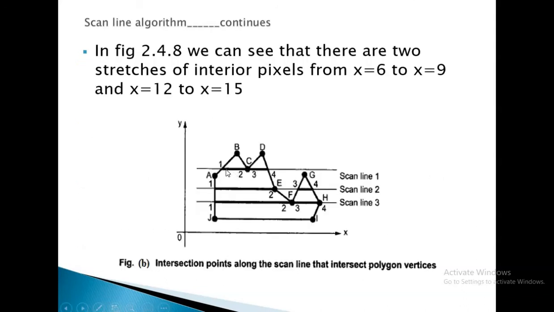Suppose this is a scanline and this is the vertex. If the two edges at this vertex lie on the same side of the scanline, then count it as even, that is 1, 2 and 3, 4. If the two edges are on opposite sides of the scanline, then count it as a single intersection, that is 1, 2 and 2, 3.